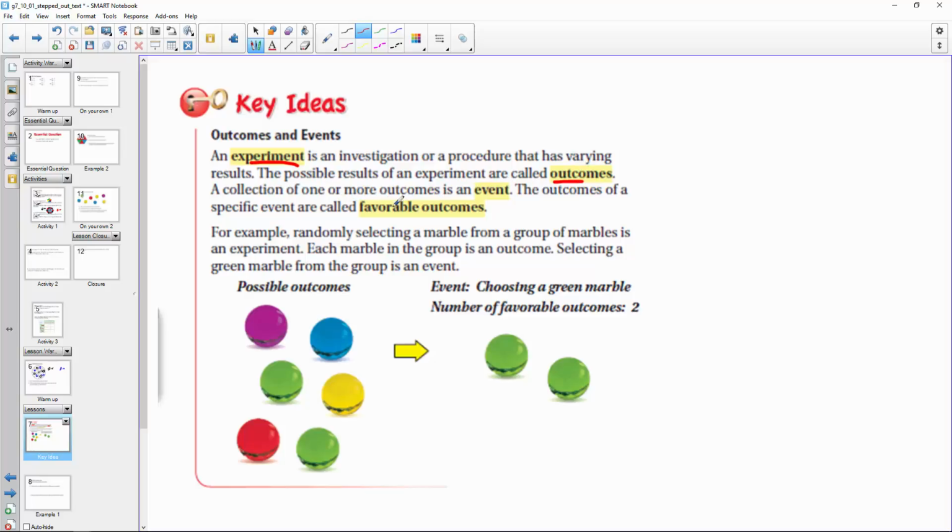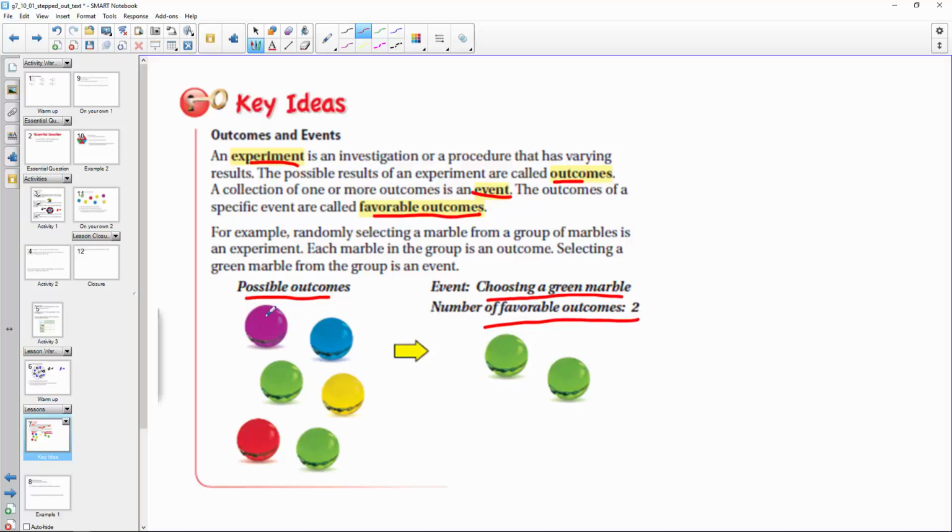A collection of one or more outcomes is called an event. Okay? And the outcomes of a specific event are called favorable outcomes. So for instance, whenever it says choosing a green marble, that is the event that I want to have happen out of all of these various outcomes, right? So my favorable outcome in this case, because I want to get a green, would be how many times do I get a green?